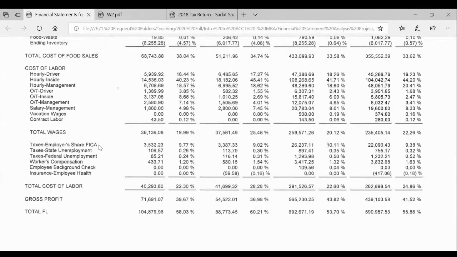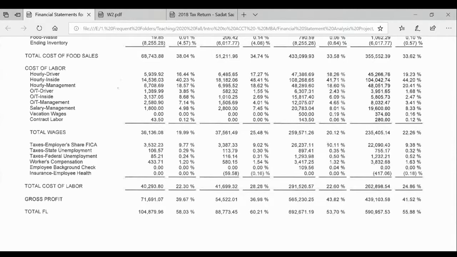This is where the Social Security and the Medicare taxes, the 6.2% and 1.45% that we calculated, should be recorded. So there is an account in the general ledger called employer share of FICA. That's where the number should be recorded.